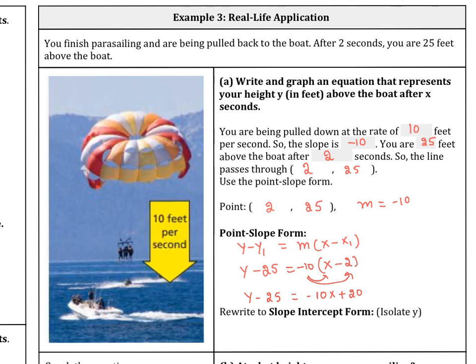And now we are going to add 25 on both sides. You're going to get y equals negative 10x plus 45. That's your slope intercept form of the equation.